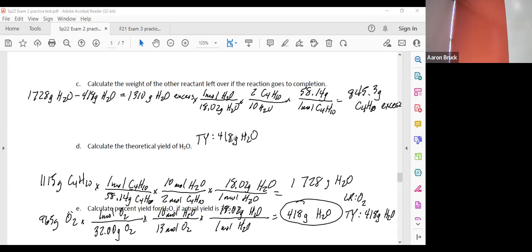And we take that mass of limiting reactant and convert it to the product that we're interested in. Since we did that above, we don't have to replicate it. But if we didn't, all we would do is the stoichiometry and figure out the calculated value. That's what theoretical means in this case. It means calculated.